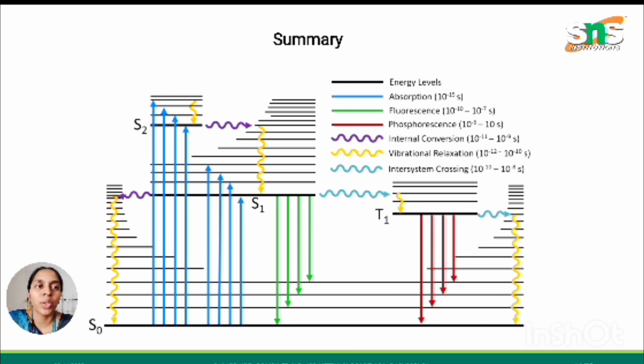That is a non-radiative process called vibrational relaxation, which happens because vibrational energy is lost from the molecules, and that may take about 10 to the power of minus 12 to 10 to the power of minus 10 seconds. Then after that some amount of energy is lost in the form of fluorescence when the electrons move from singlet excited state to singlet ground state. That may take about 10 to the power of minus 10 seconds to 10 to the power of minus 7 seconds.